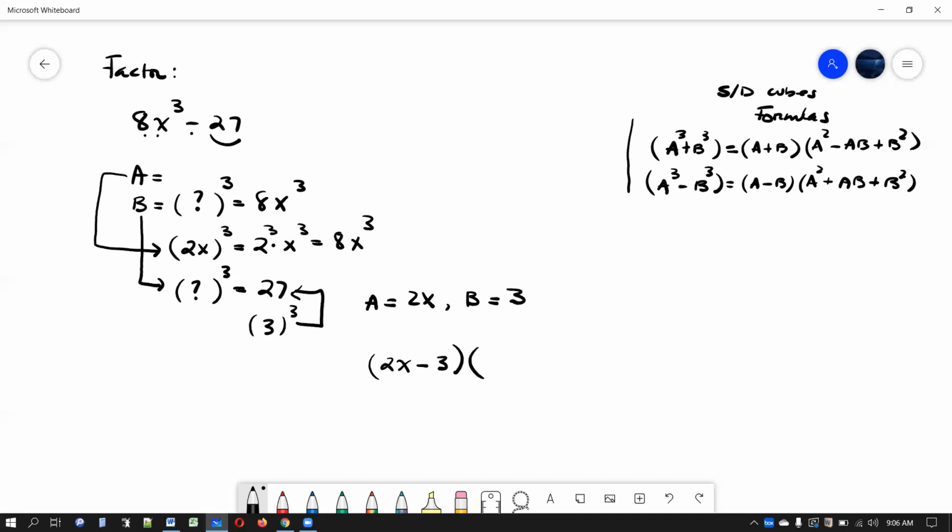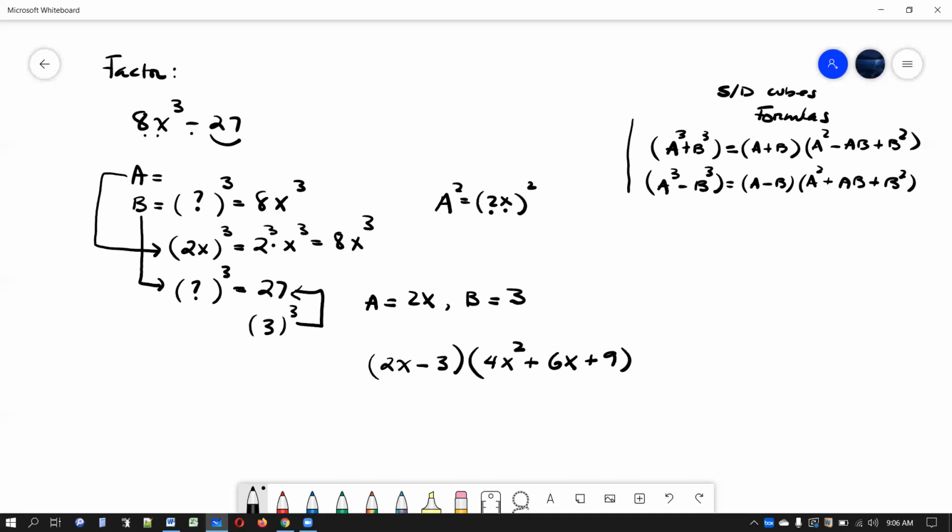Now, A is 2x, so A squared would be 2x squared, which is 4x squared. Okay, plus A times B, so 2x times 3, 6x, plus B squared, 3 squared, which is 9.